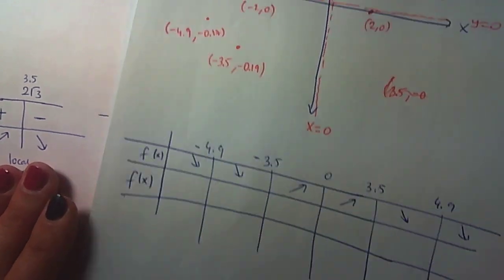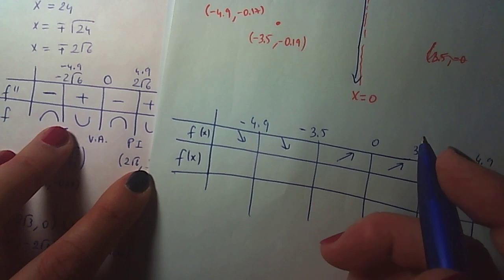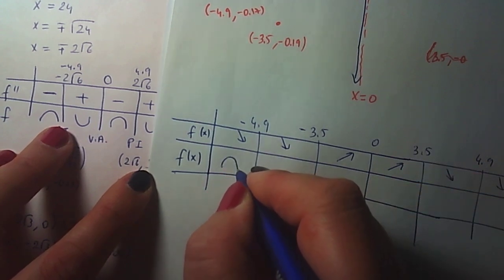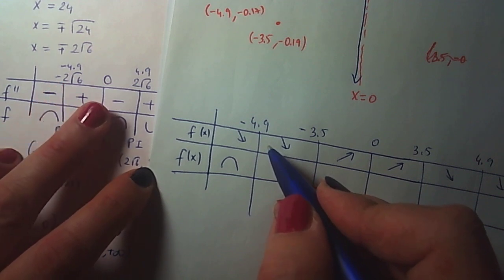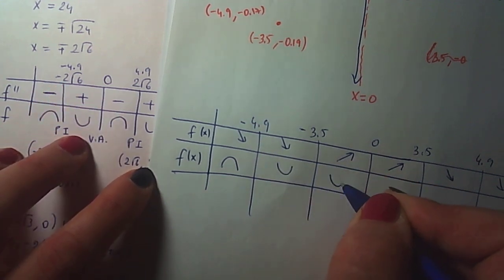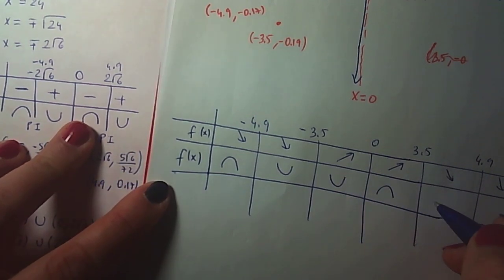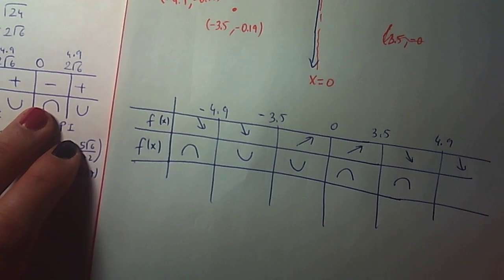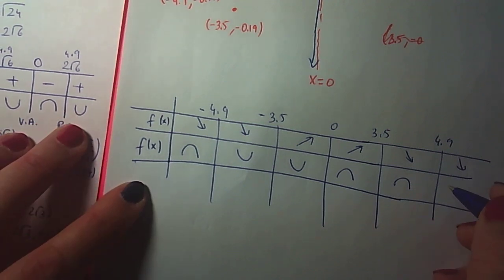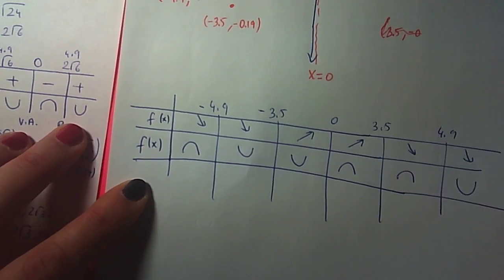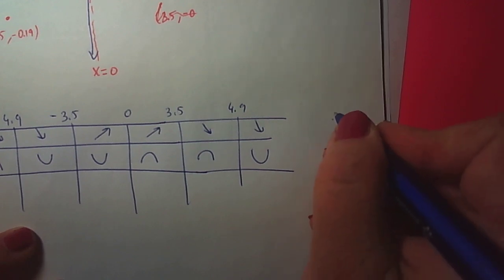So let's check the second derivative table. When x is less than negative 4.9, it is concave down. When x is between negative 4.9 and 0, concave up. Concave down between 0 and 4.9. And then it is concave up when x is greater than 4.9. Again, we are going to use the phases to come up with the shape of the curve.